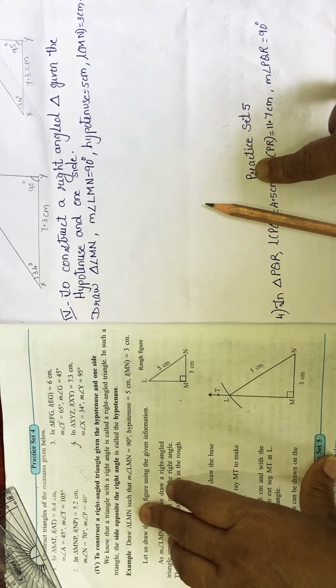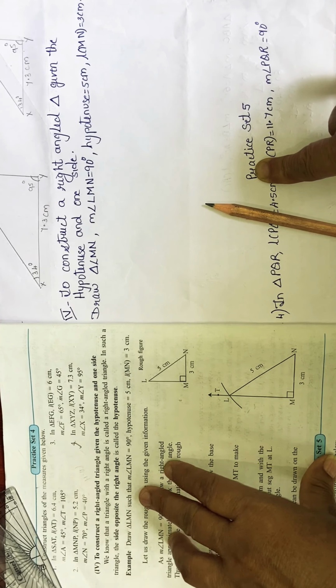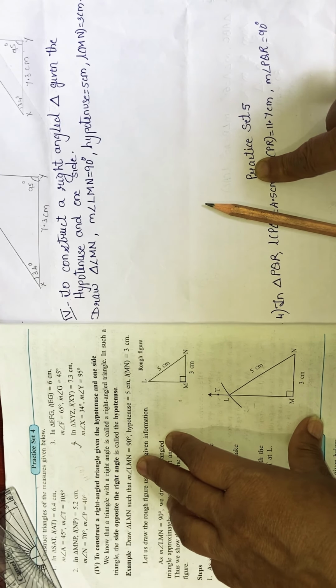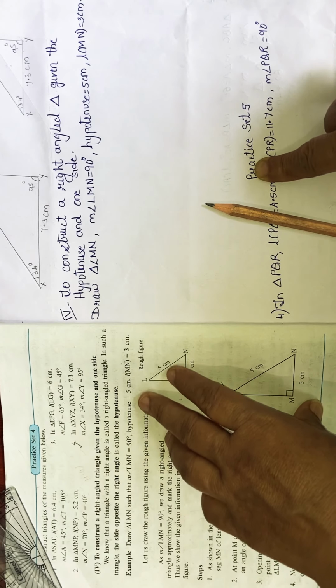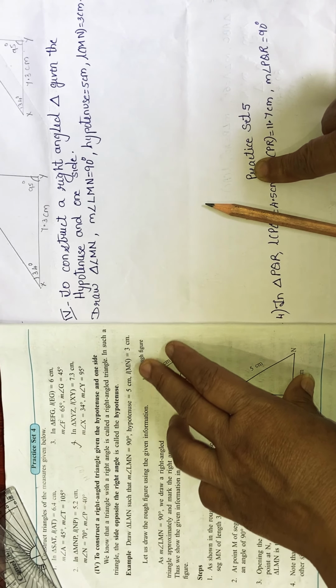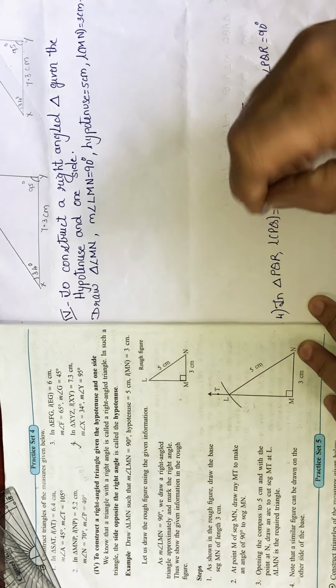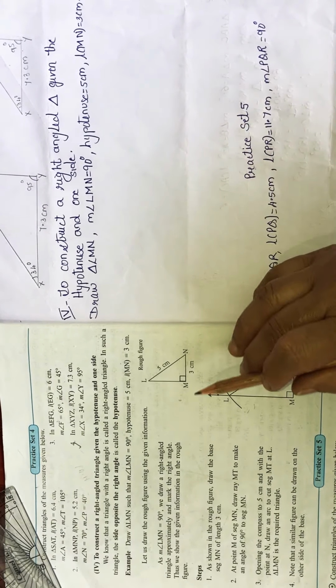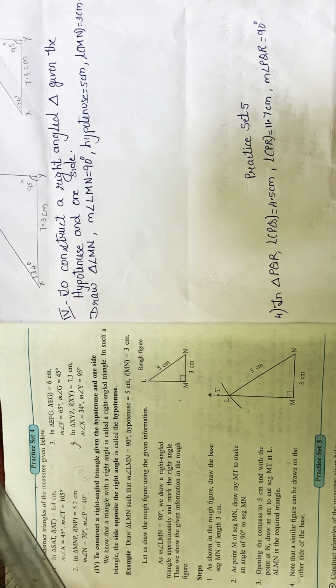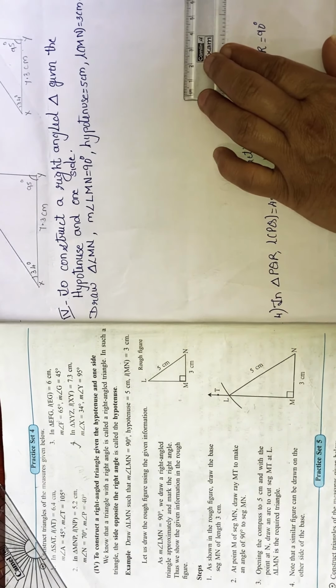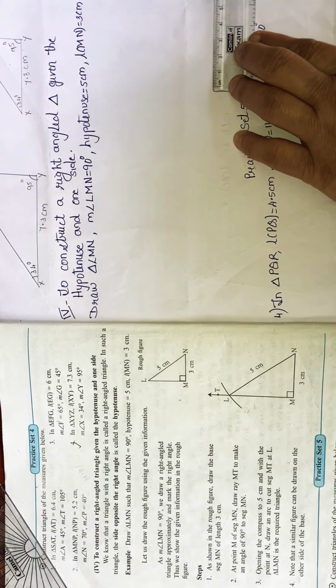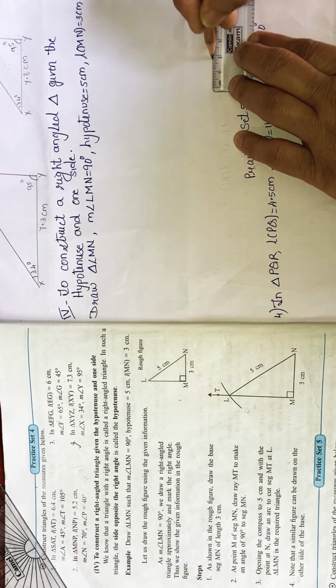So here let's draw triangle LMN such that measure angle LMN is 90 degrees, hypotenuse is 5 centimeters and MN is 3 centimeters. Now here let's draw a rough figure in which we can see that MN is the base. So here a rough figure, let's take it as MN, which is 3 centimeters.